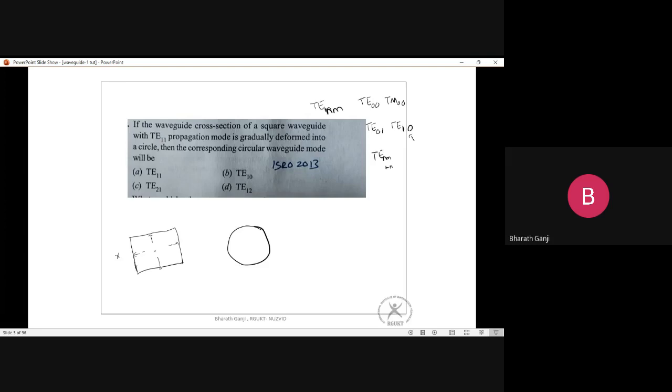Or you might think maybe there is another way, like from the cutoff frequencies, can we get the answer? Because it's a square waveguide.